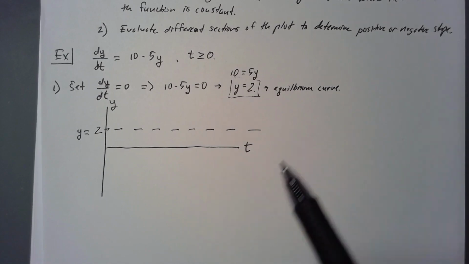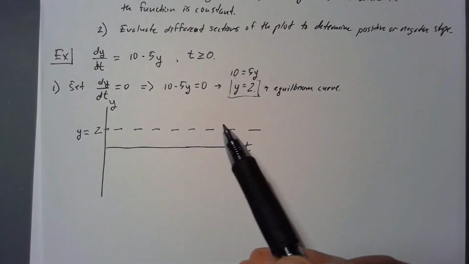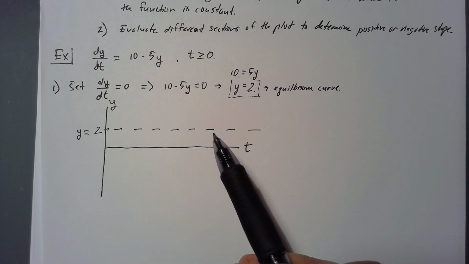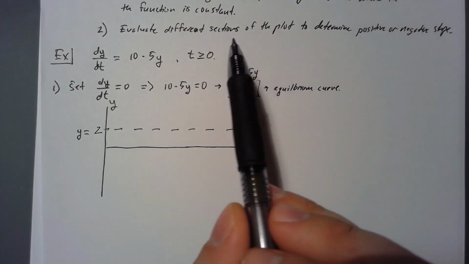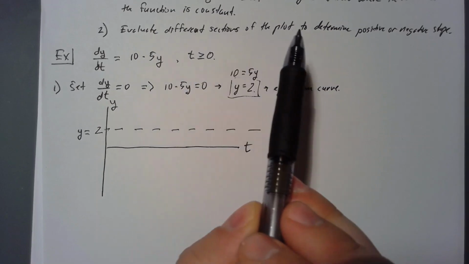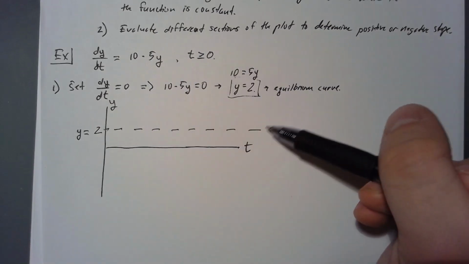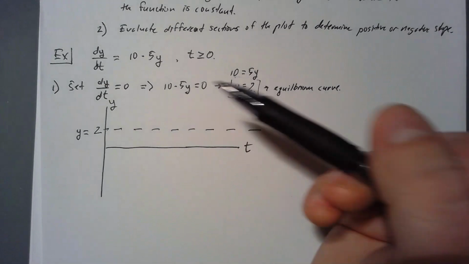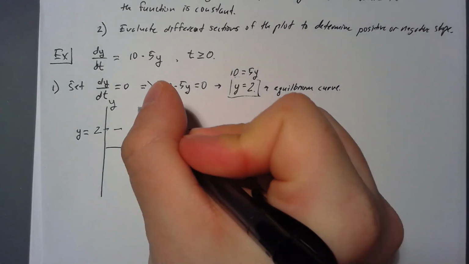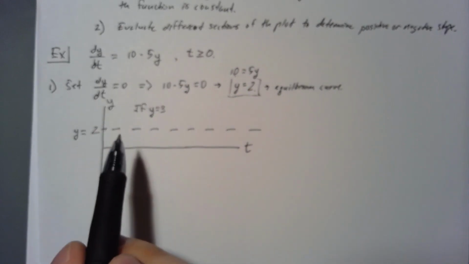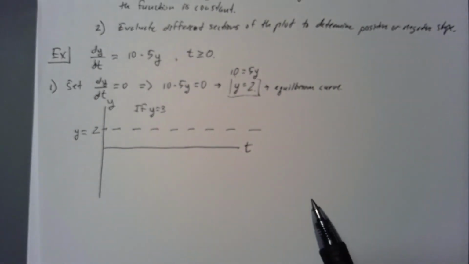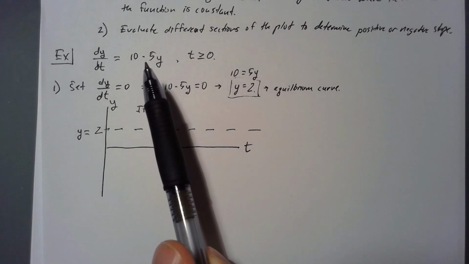So to do that, you just pick random values below y equals 2 and above y equals 2. That's what I mean by evaluate different sections of the plot. If I pick a value greater than y equals 2, say y equals 3, and plug that in here, what do I get?